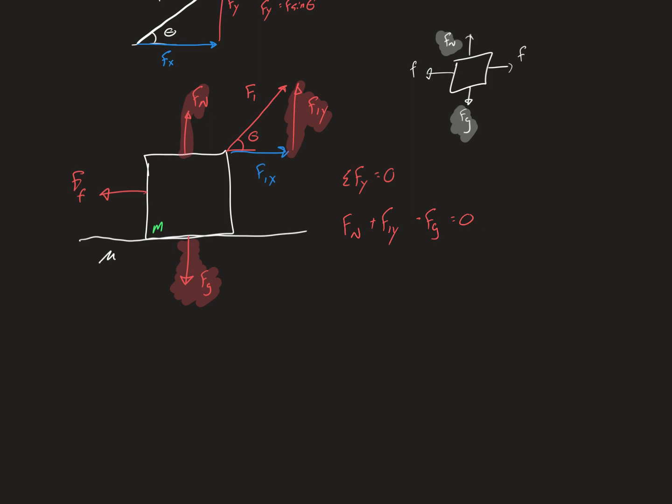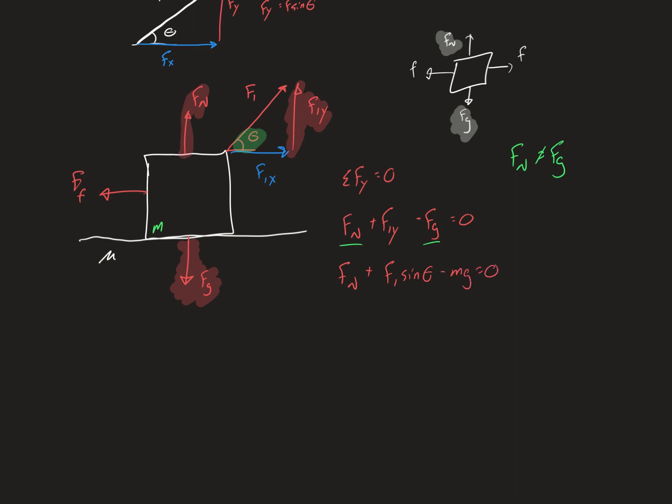And so what happens now is the normal force is no longer equal to the weight. We're going to make kind of a big deal about that. The normal force is not equal to the weight anymore if there's this angle that occurs for the object. And for the vast majority of the questions we're going to encounter from now on, that's going to be the case. So if we break this down a little bit further, we have the normal force plus F1 sine theta minus mg is equal to 0.